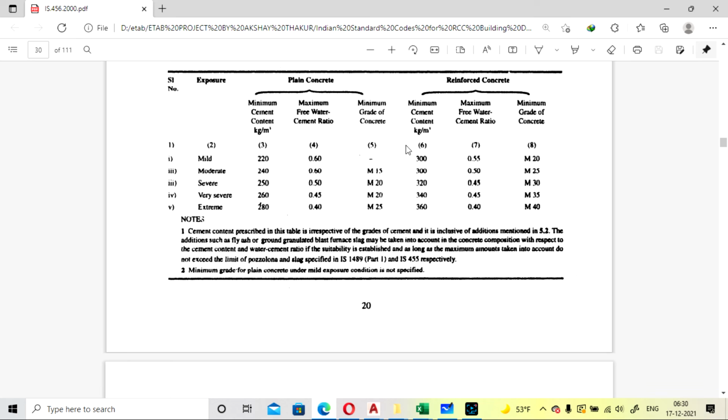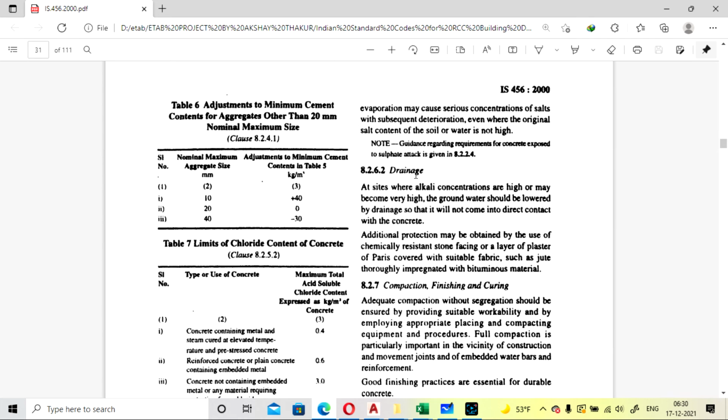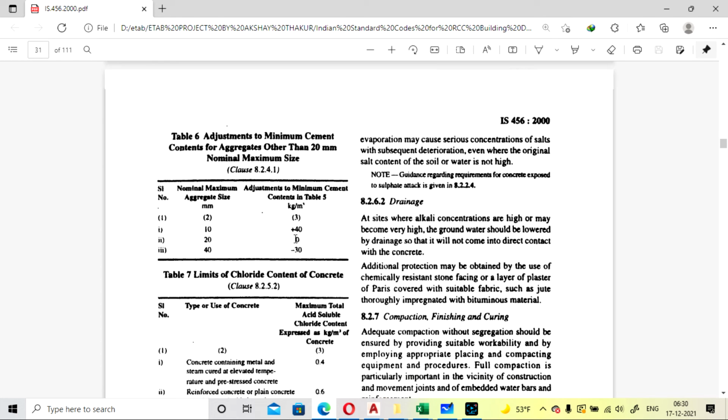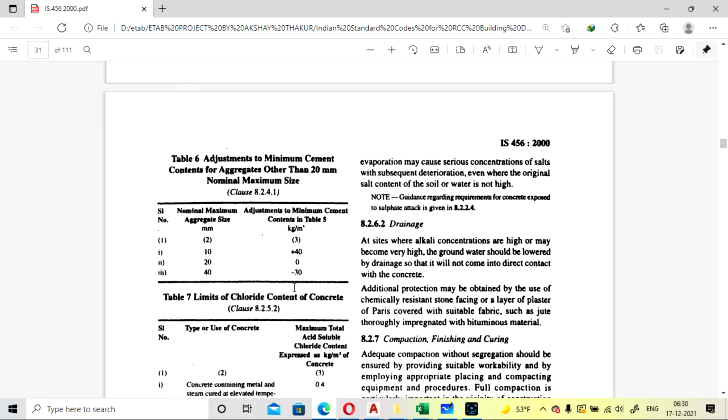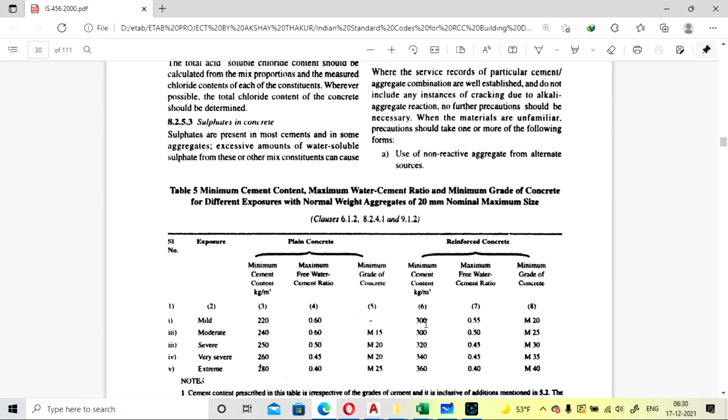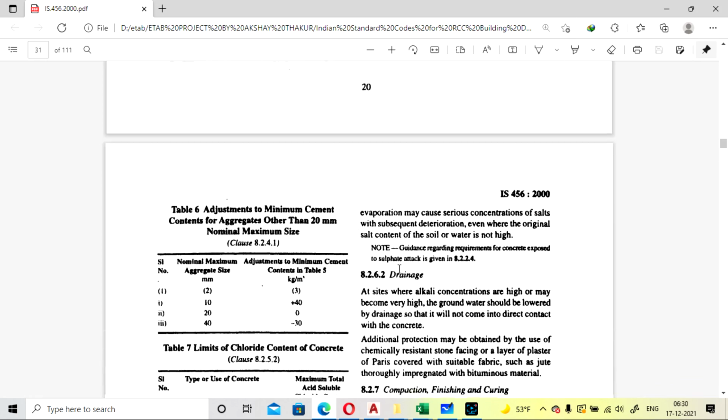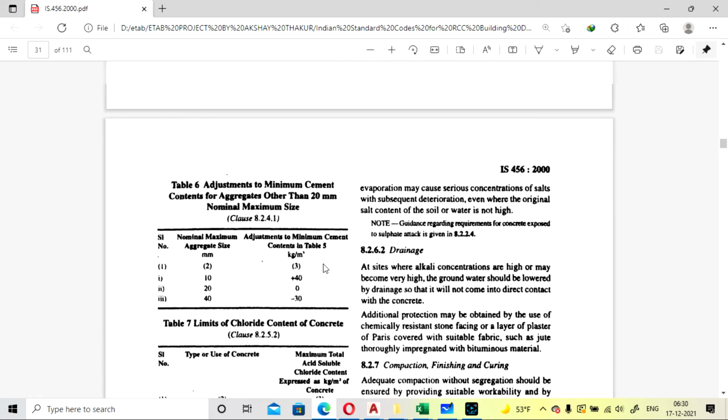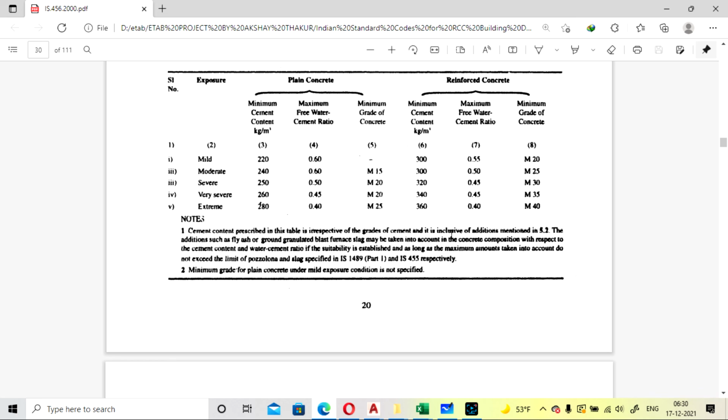Okay, so here it is 300, so you have to add 40 kg more to this. Similarly, if you use 20, you don't have to increase any value, and if you are using 40 mm aggregate size, you have to decrease by 30 kg from this table. Okay, so from this table you can easily calculate what the minimum requirement is, and how it is provided. Okay, also the water ratio.